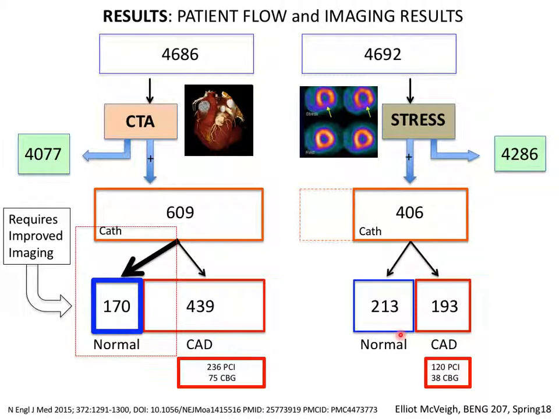So if you're a business and you're in the business of putting in stents and cathing people, this is a good thing, right? Because your business goes up. If you're an insurance company and you're insuring people, this is a bad thing because you have to pay for all this. It's like twice as expensive as this side, right?